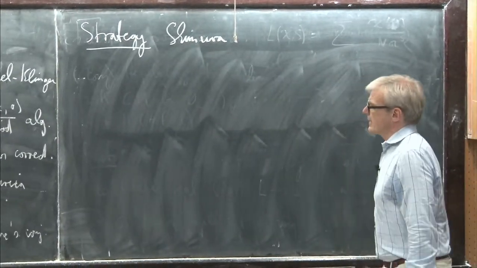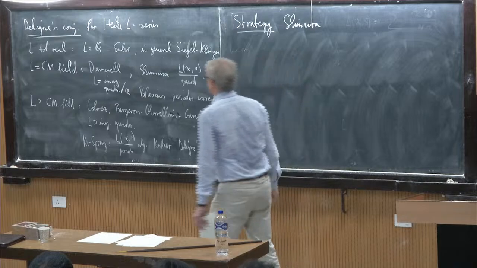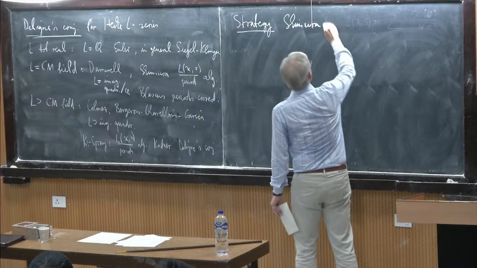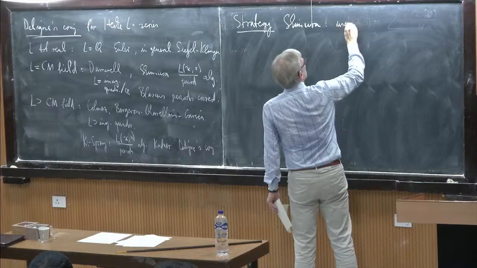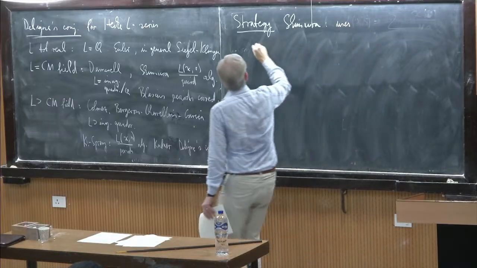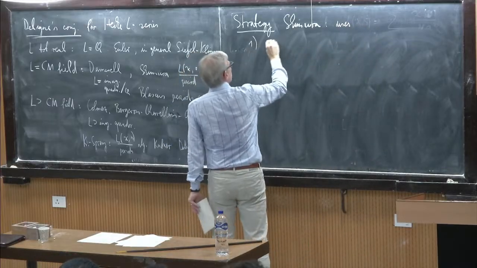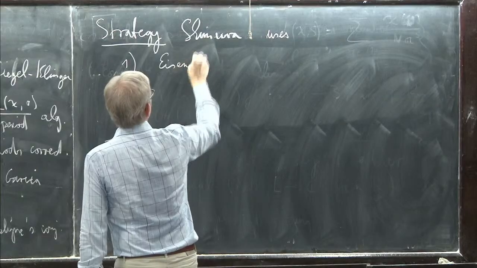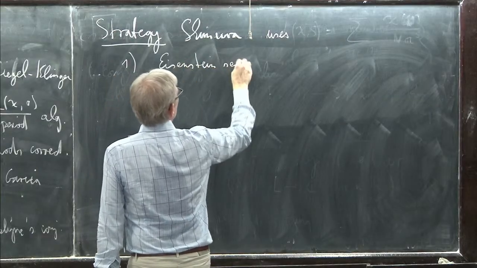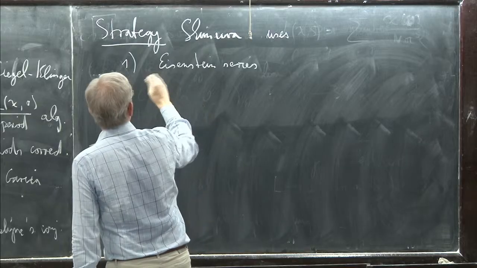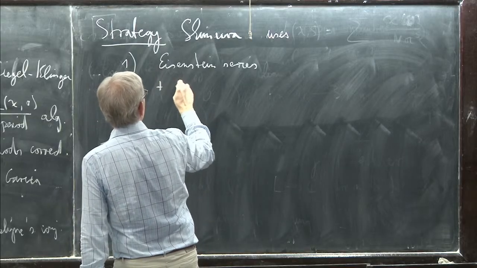He relies on certain moduli spaces, and uses two things. First, certain Eisenstein series plus their derivatives.